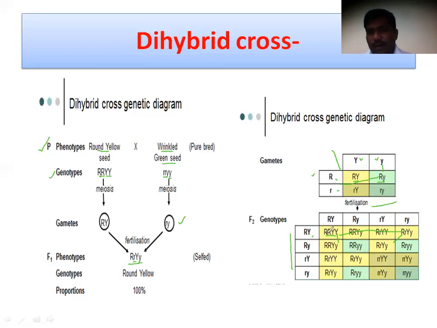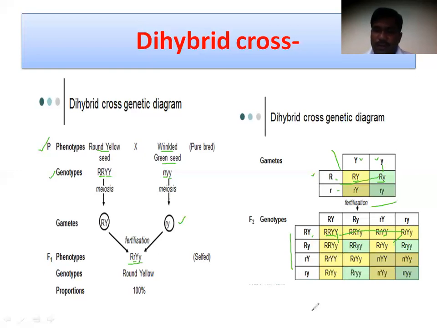So capital R, capital R, capital Y, capital Y. This first plant has a round seed with yellow color. Then next, capital Y, small y. Here Y is dominant, therefore round and yellow. Then here round and capital Y. So round seed and yellow color.